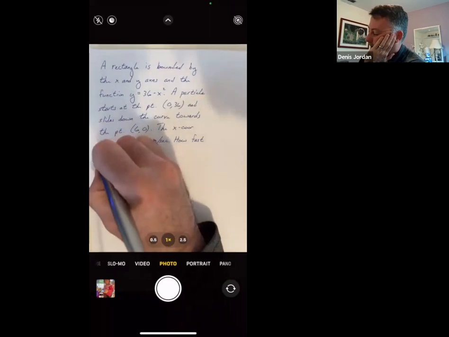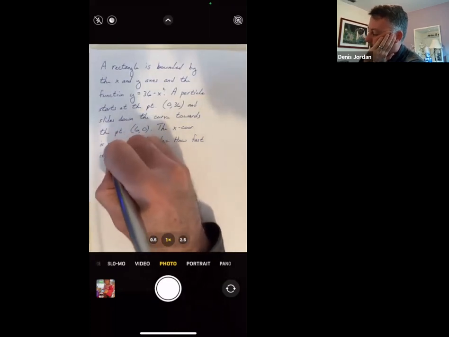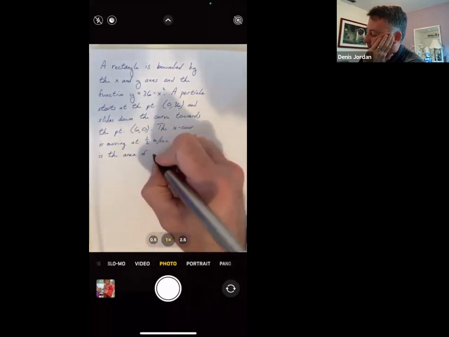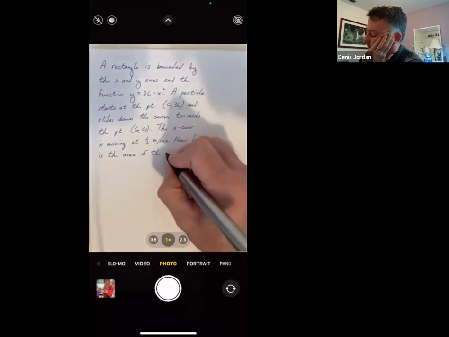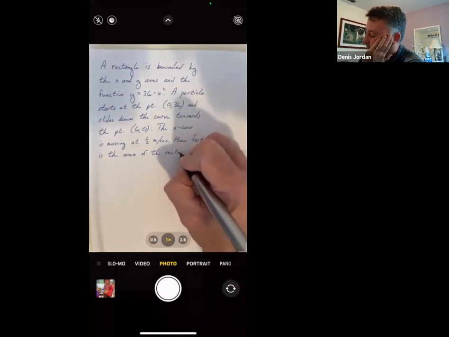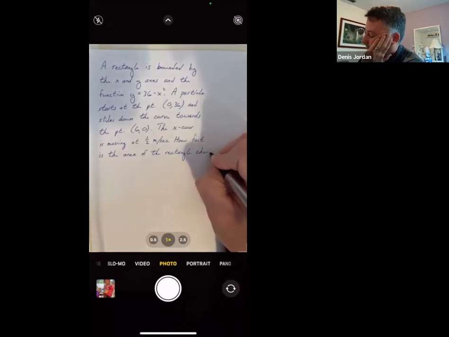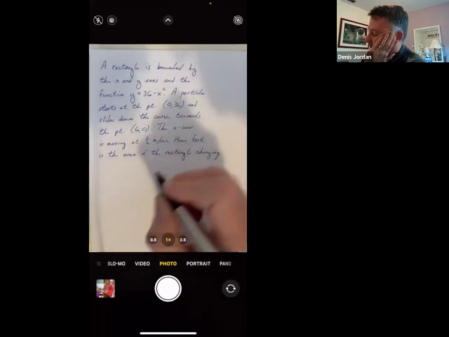How fast is the area of the rectangle changing? This is quite wordy.